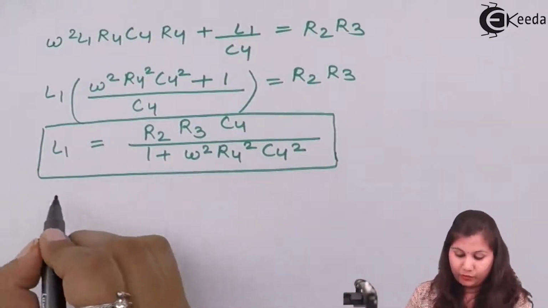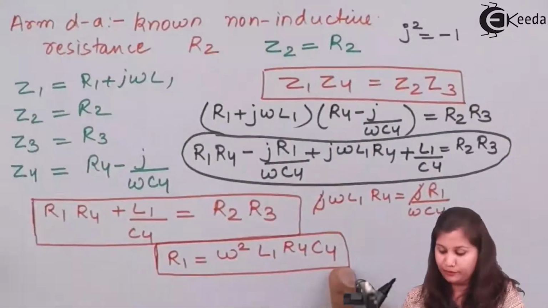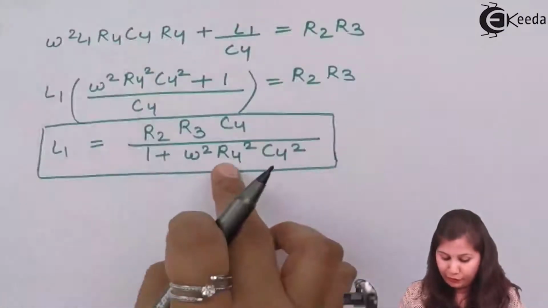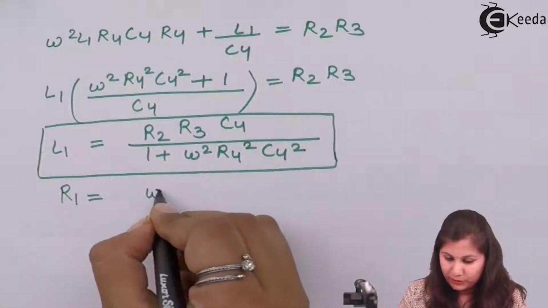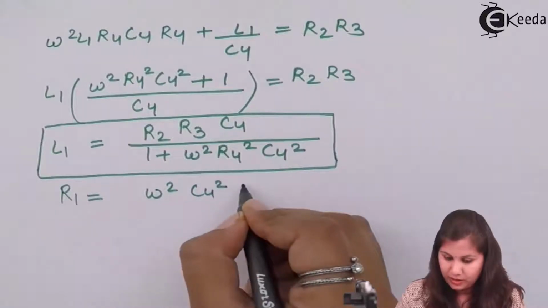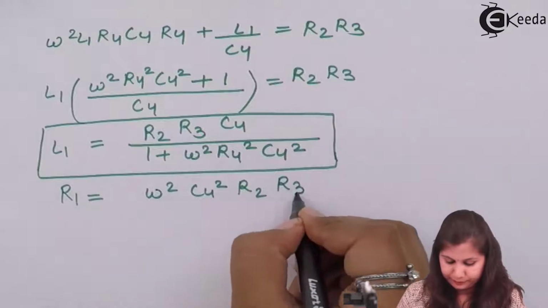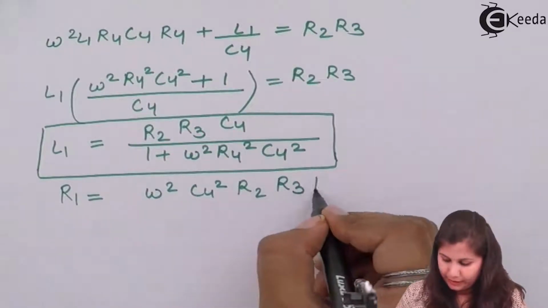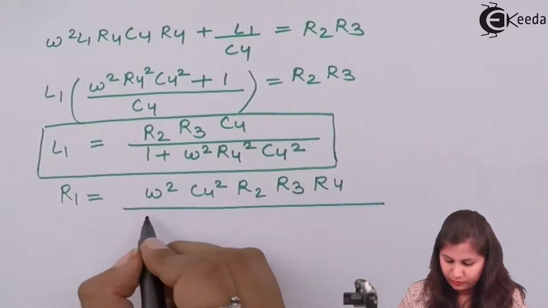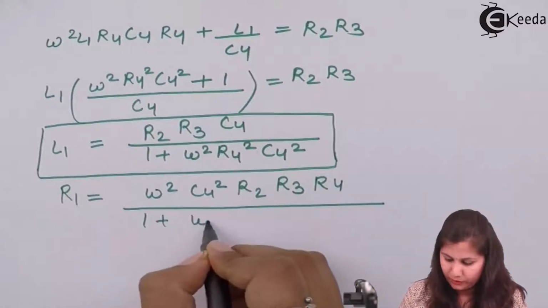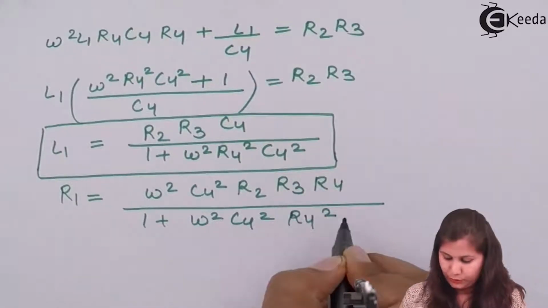Now R1 was omega square L1 R4 C4. Putting the value of L1 from here, we will get R1 as omega square C4 square R2 R3 and R4 upon 1 plus omega square C4 square R4 square.